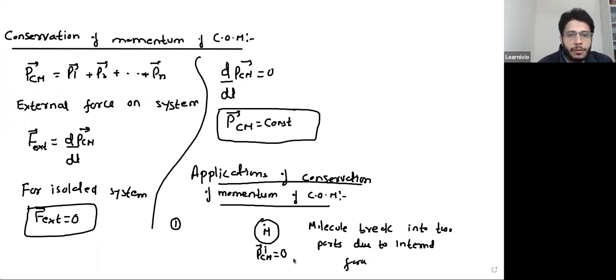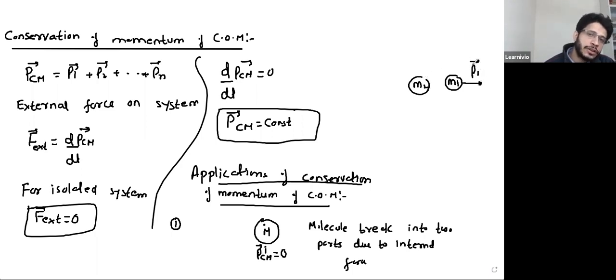So can you guess the final momentum of the molecule? 0. Momentum will not change because no external force is acting on the molecule, so momentum should remain the same. But this breaks into two parts, one part M1, another part M2. These two parts will start moving in exactly opposite directions with equal and opposite momentum.